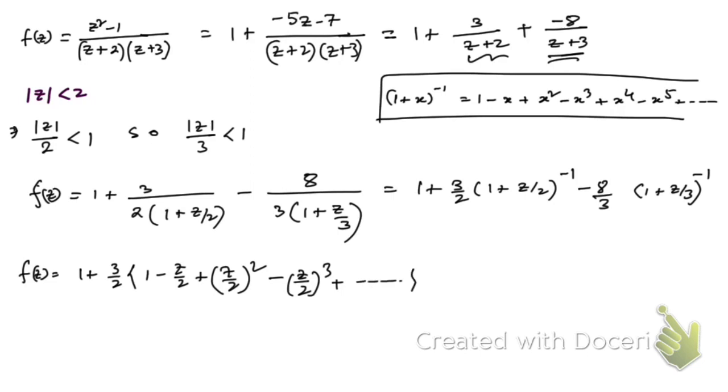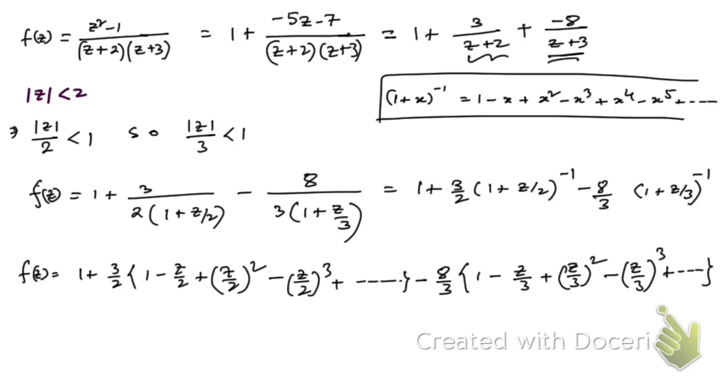Then we're going to have minus 8 by 3 times 1 minus z by 3 plus z by 3 whole square, then minus z by 3 whole cube, and plus dot dot dot and so on. That's how we can write it.